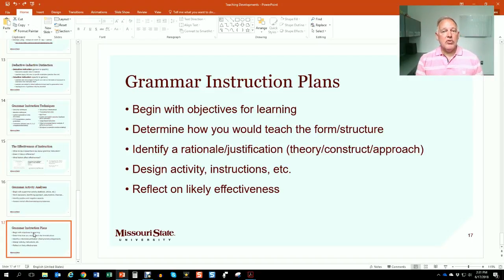You're going to determine how you would teach that form or structure, and then link your decision with some kind of rationale or justification that's rooted in some of these constructs we've been talking about. You're going to design the activity, complete with instructions, and then do a short reflection piece on how likely it is to be effective.